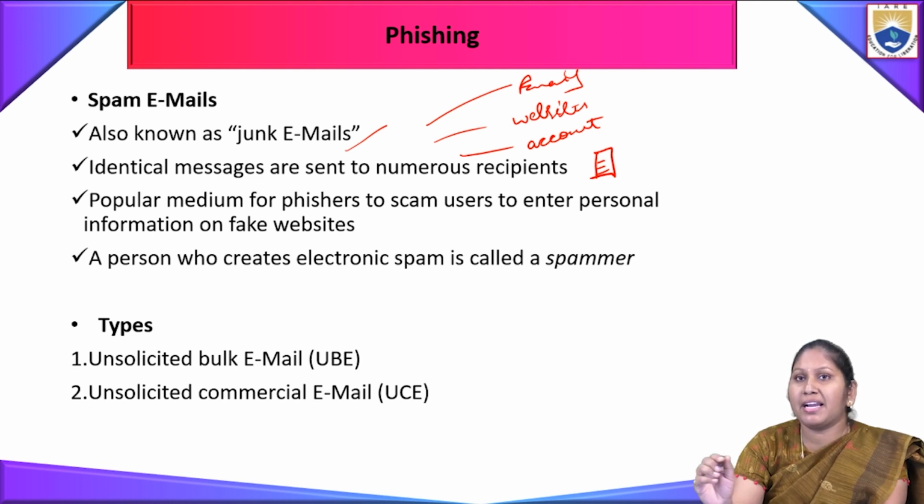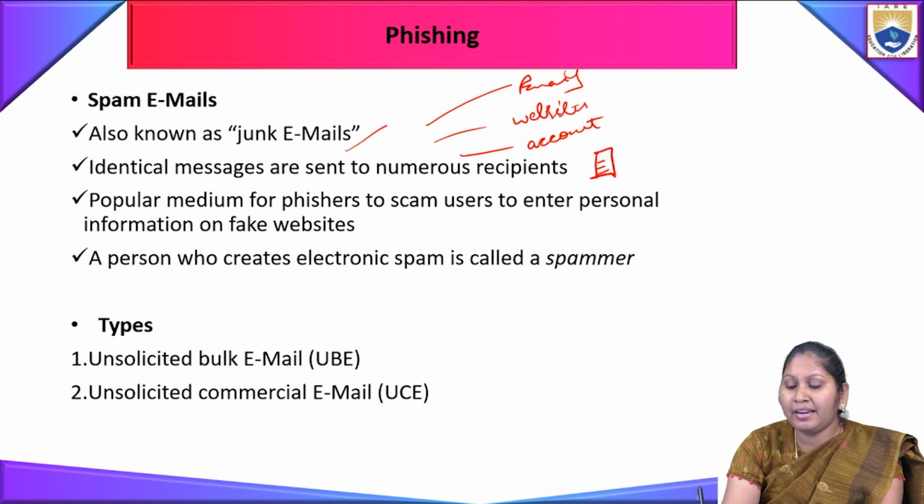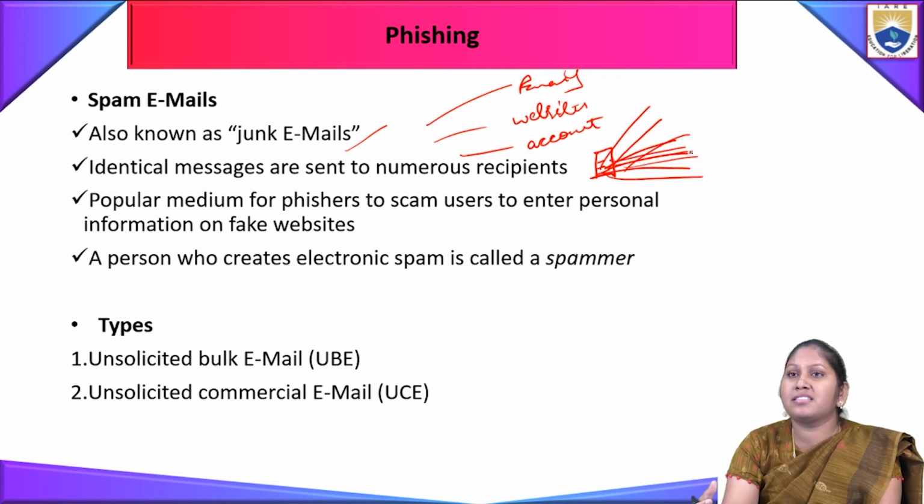So like that, an identical message will be sent to numerous recipients, so many users. It is also a popular medium for phishers to scam users into entering personal information on fake websites.